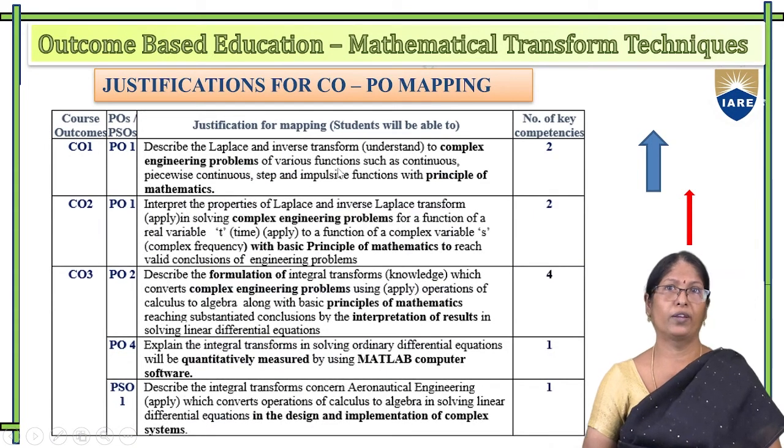Now here we can see that our course is connected to PO1, PO2 and PO3. That is, among the 12 program outcomes, 3 are connected, and program specific outcome 1 is connected. The course outcome CO1 satisfies PO1, and we can see it here.